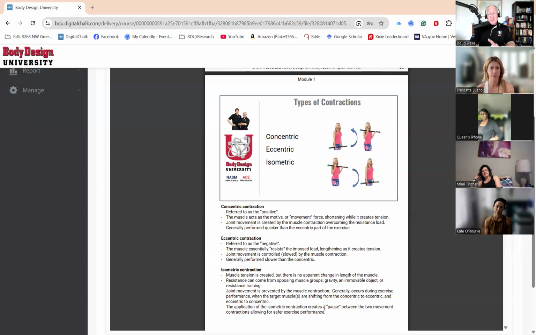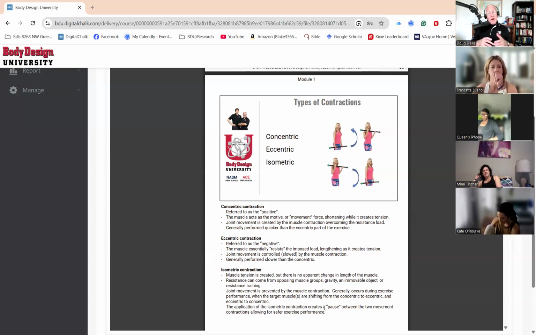There will always be at least one isometric component, either from the eccentric to the concentric or the concentric to the eccentric. At least one of them will provide significant levels of tension. It's generally, not always, generally going to be when the muscle has moved from the eccentric into that isometric before doing the concentric.